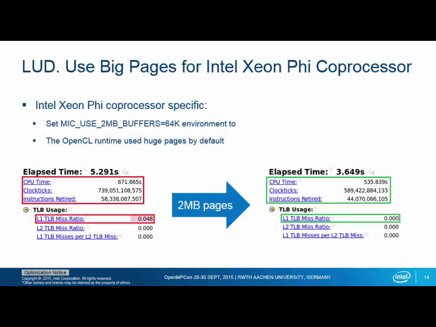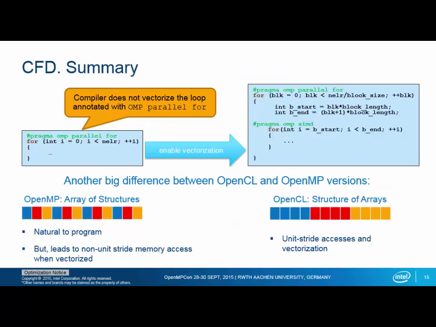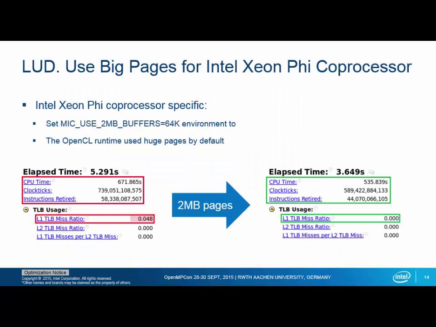Initially we saw some L1 TLB miss ratio, and we found that when we enabled big pages in the compiler runtime, it allowed us to avoid TLB misses, and it impacts the total execution time. Yes, it's around. I will show the final results.